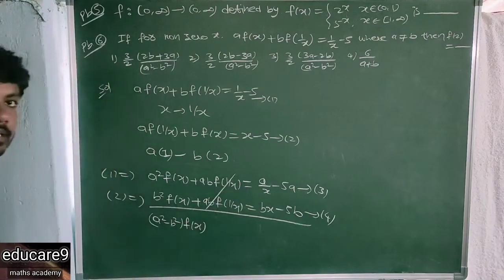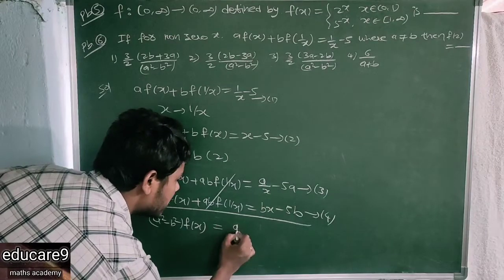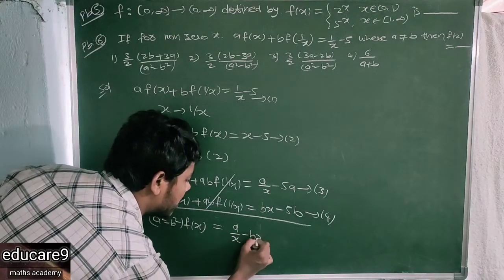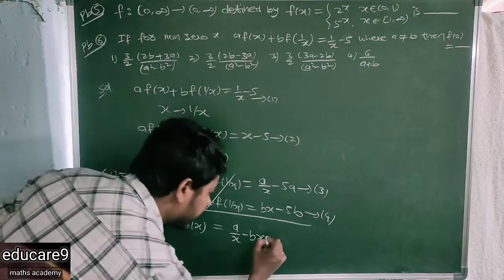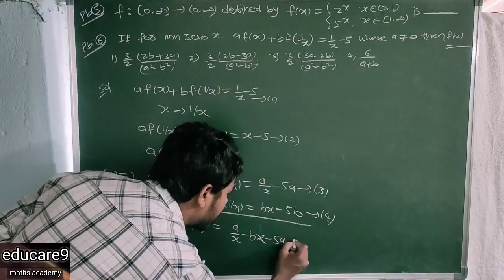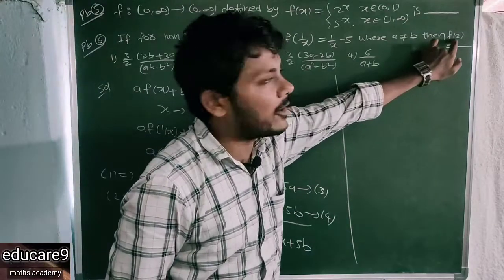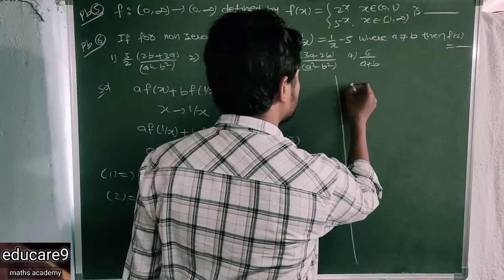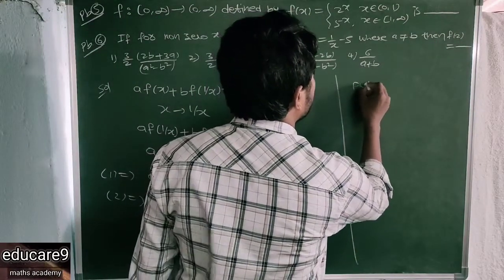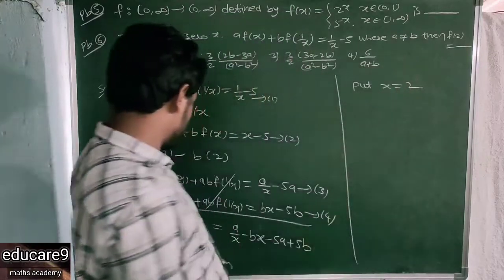These two get cancelled. Now this is a/x − bx, next −5a + 5b. And you want to find the f(2) value. So put x equal to 2. So what do you get?